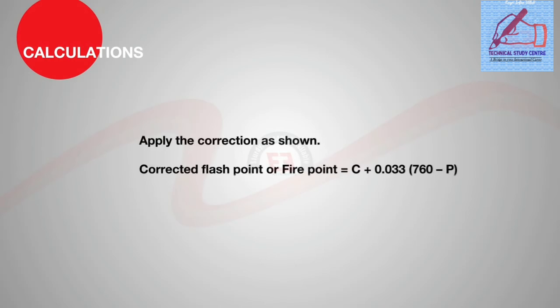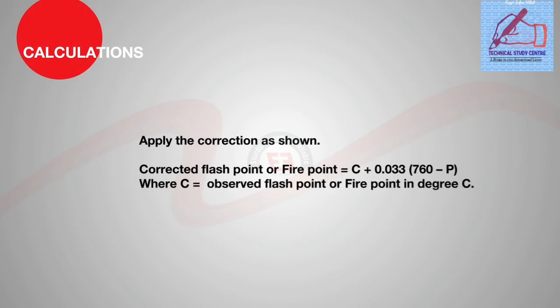Corrected flash point or fire point is equal to C plus 0.033 into bracket 760 minus P, where C is equal to observed flash point or fire point in degrees Celsius and P is equal to ambient barometric pressure in mm of Hg.